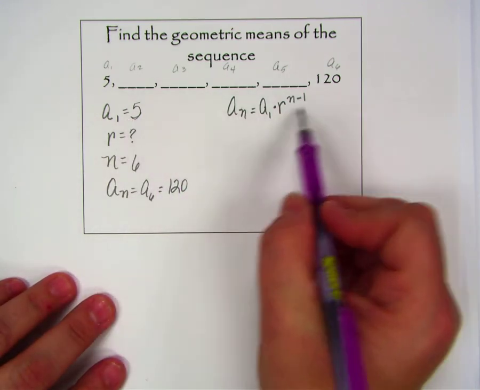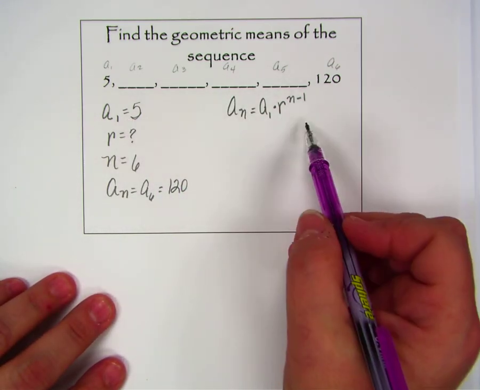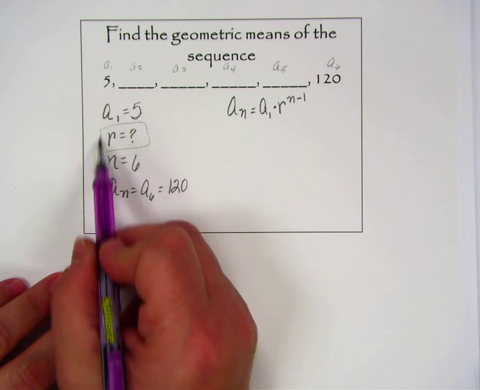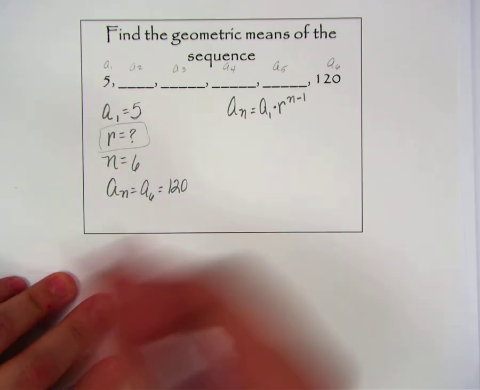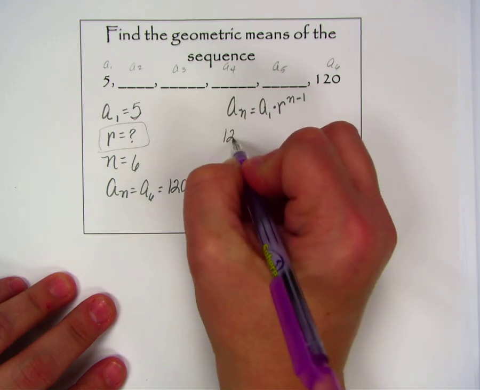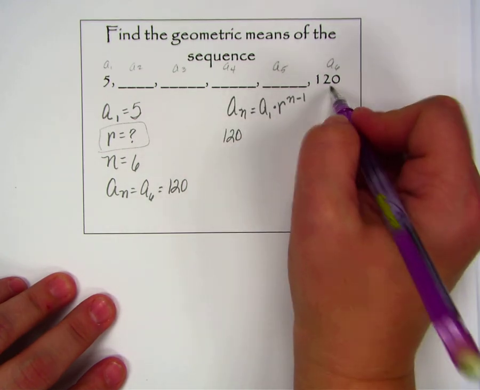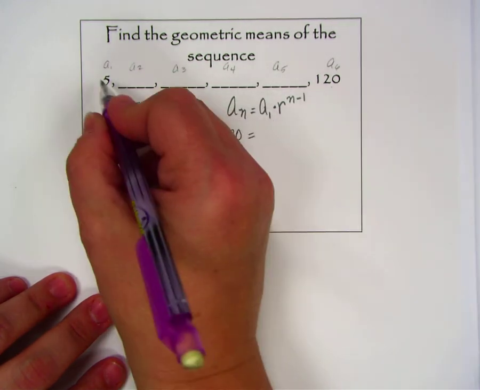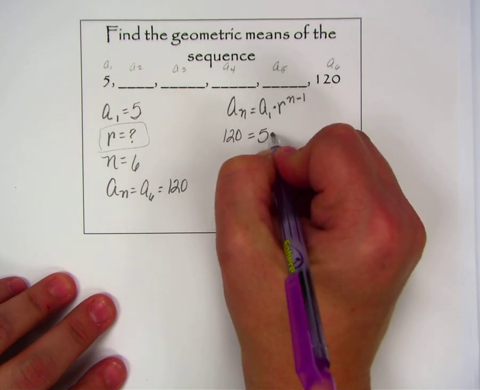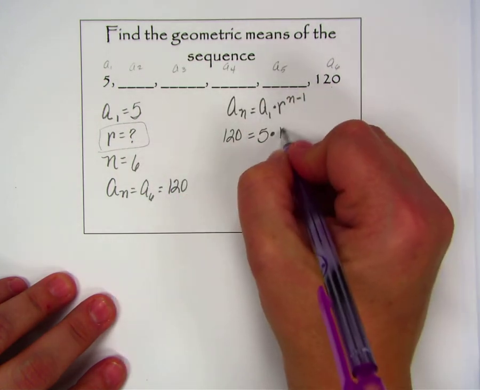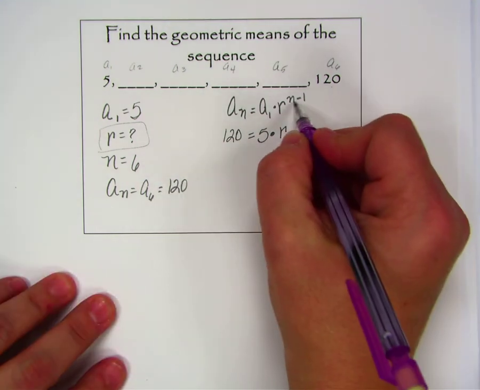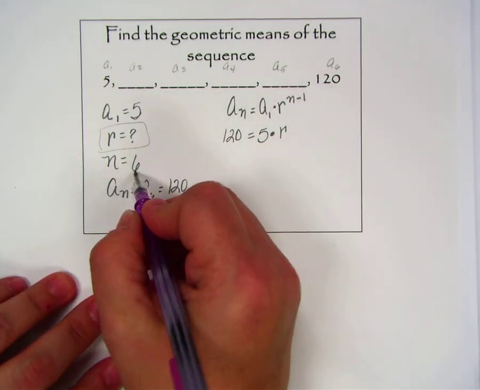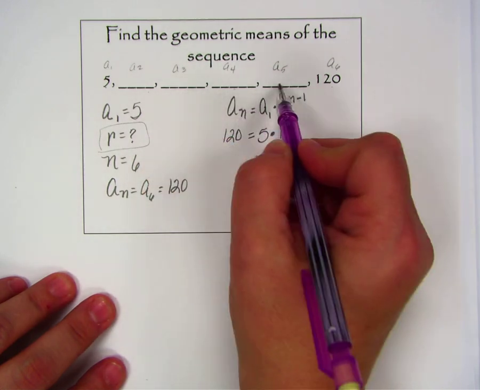So out of all these different variables in this formula, there's only one that I don't know, which means I can use the formula and solve it for r. So 120, that's my nth term, is equal to the first term, that's 5, times the common ratio, which is what I don't know, that's what I'm trying to find, to the n minus 1 power, and I know that n is 6 because I have 6 terms.